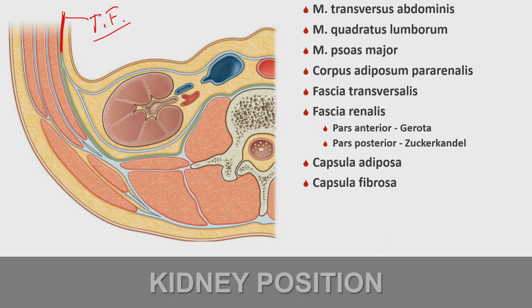And this fascia goes this way. Here you have one side product, which is called fascia renalis, the renal fascia, which is split into an anterior and a dorsal sheath. The anterior sheath is called Gerota, the dorsal Zuckerkandl.